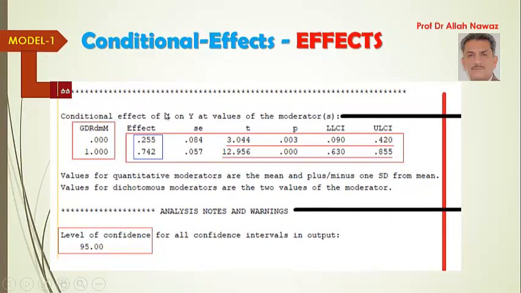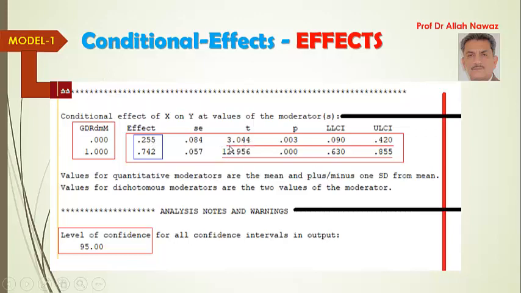The conditional effect of X on Y at values of the moderator. Now these results show what happens when X is affecting Y through the moderator. So when the moderator is 0.000, it refers to the female group of respondents, and 1 is representing the male group of respondents. Results show that when it is female, the effect is 0.255.